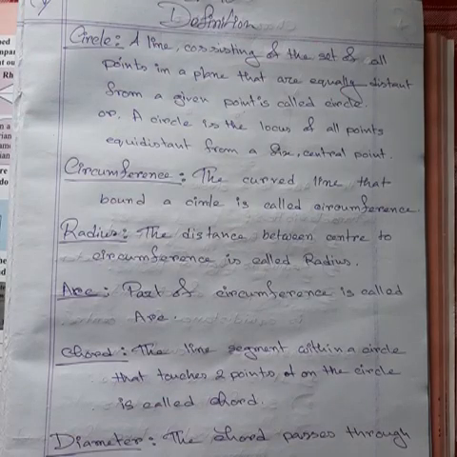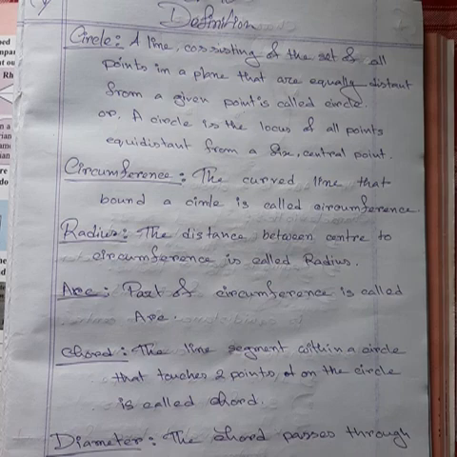At first, let's talk about definitions. First of all, I have written down two definitions of circle. The first one is a line consisting of a set of all points in a plane that are equally distant from a given or fixed point is called circle.